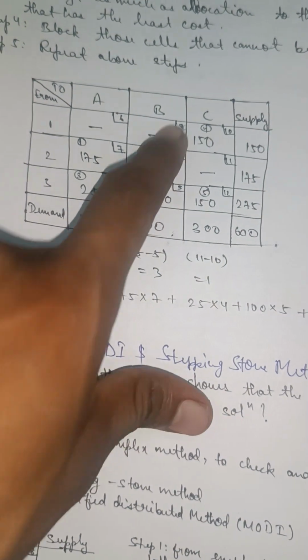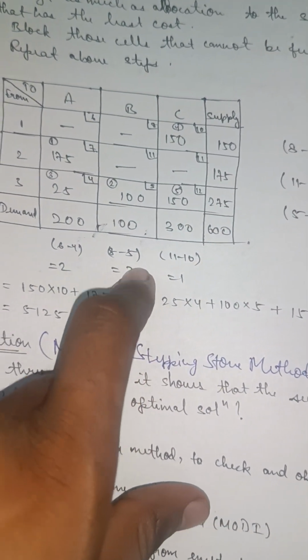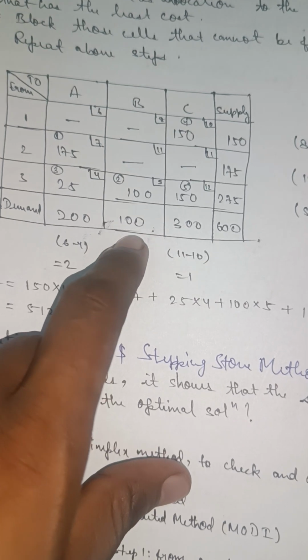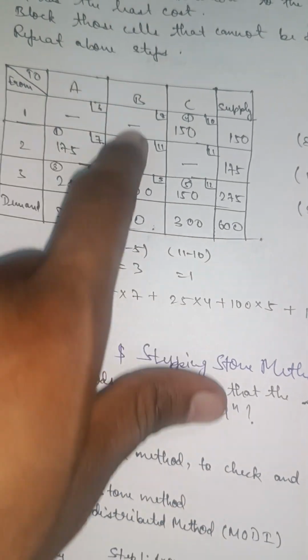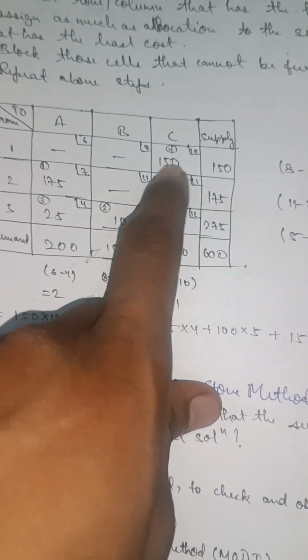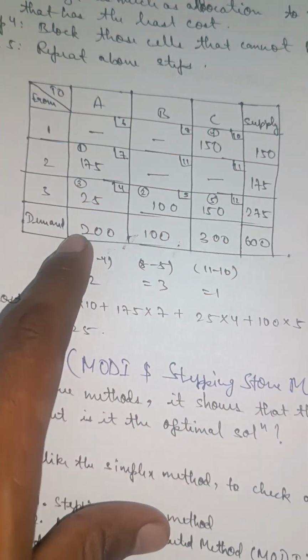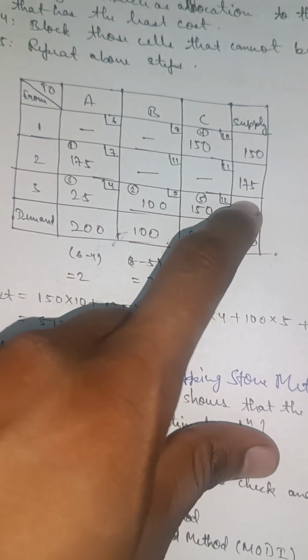Now again this column is also used, because the total demand is 100, and which was used, so we will cancel this also. Now what we have left, see, this row and this column is cancelled, so what we have left? 6, 10, 4, 11.